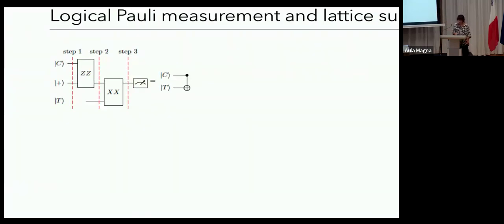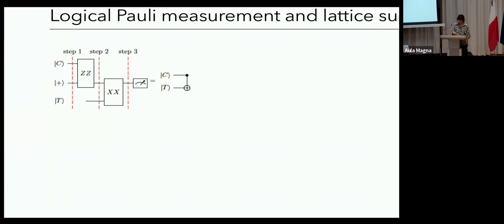What I'm saying is that if I want to do a CNOT between the control and the target like this, I can prepare an auxiliary qubit in the plus state and then do this circuit. So measure ZZ, XX, and then you can prove that this actually implements a CNOT between the control and the target.